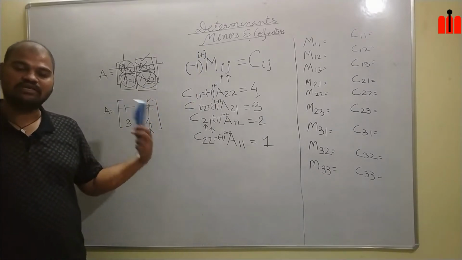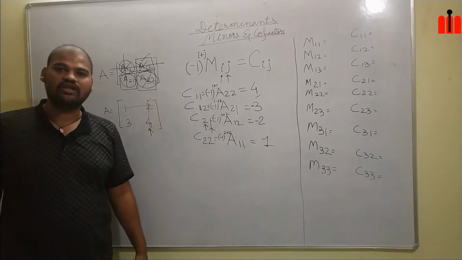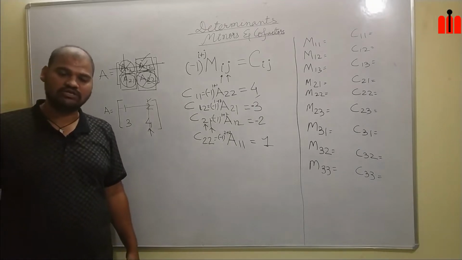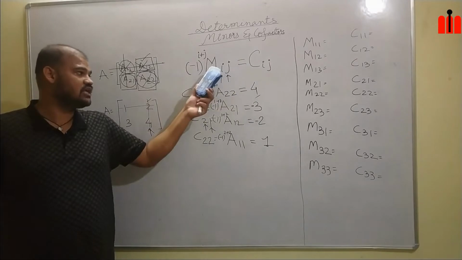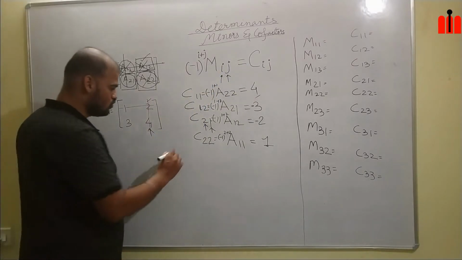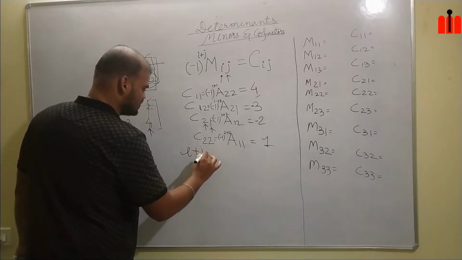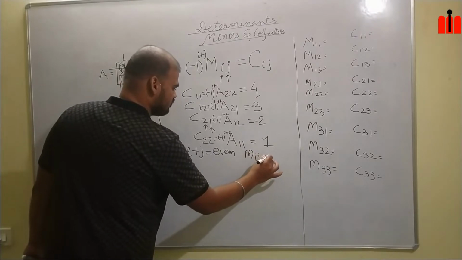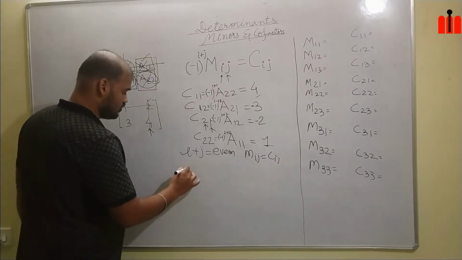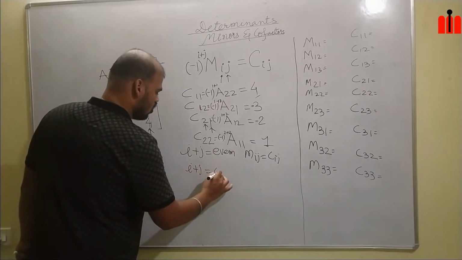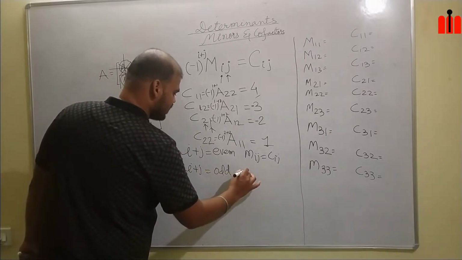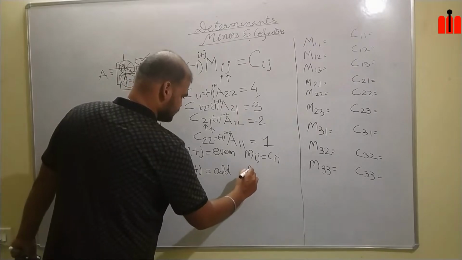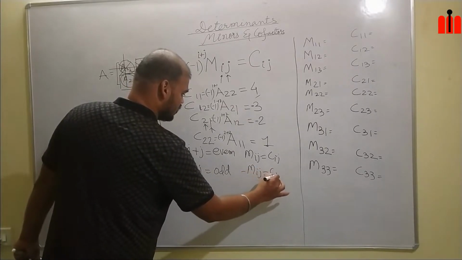When i plus j is even, then -1 to the power of even will become positive. In that case, cofactor will be equal to minor. Okay, so what is our conclusion now? If i plus j is even, then minor is equal to cofactor. Now when i plus j is odd, then minus Mij will be our cofactor.